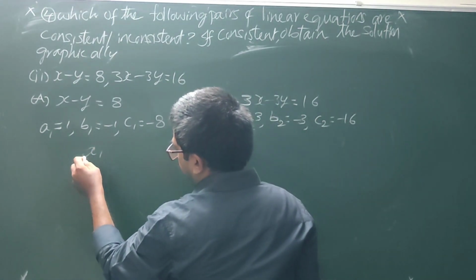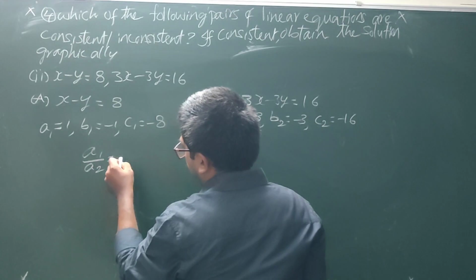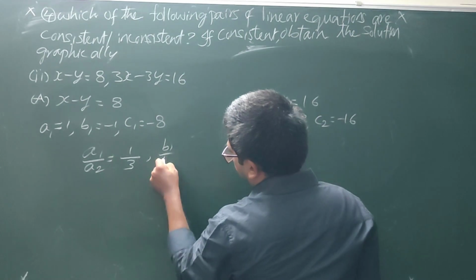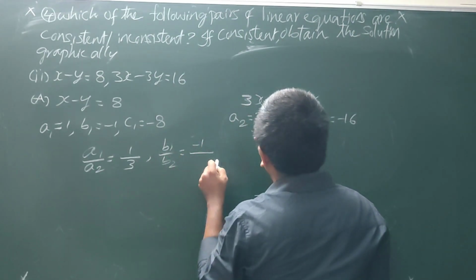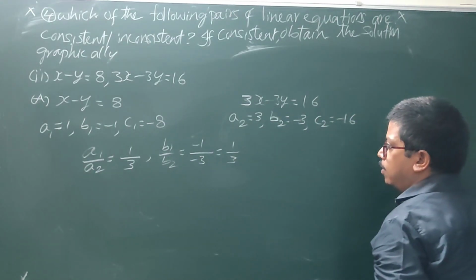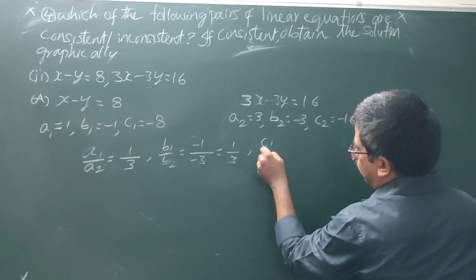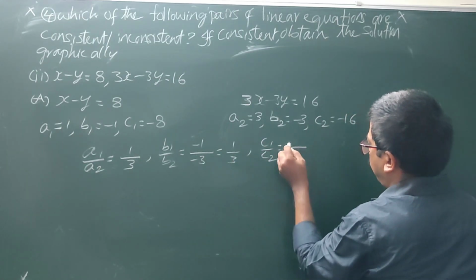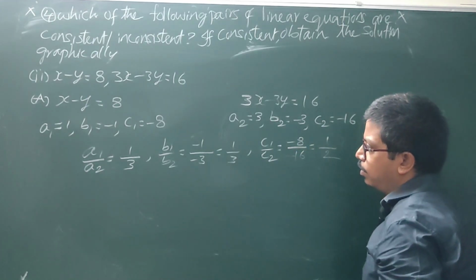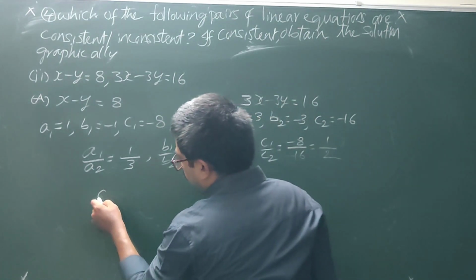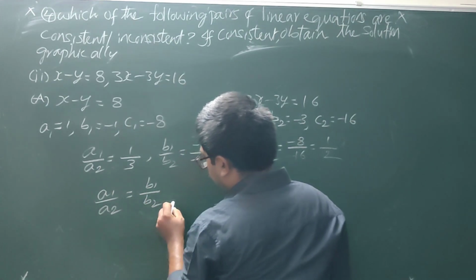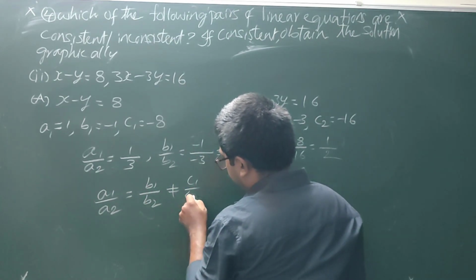Now, a1 by a2 equal to 1 by 3. b1 by b2 equal to minus 1 by minus 3, finally 1 by 3, minus minus get cancelled. Next, c1 by c2 equal to minus 8 by minus 16 equal to 1 by 2. So, we can observe a1 by a2 equal to b1 by b2 not equal to c1 by c2.